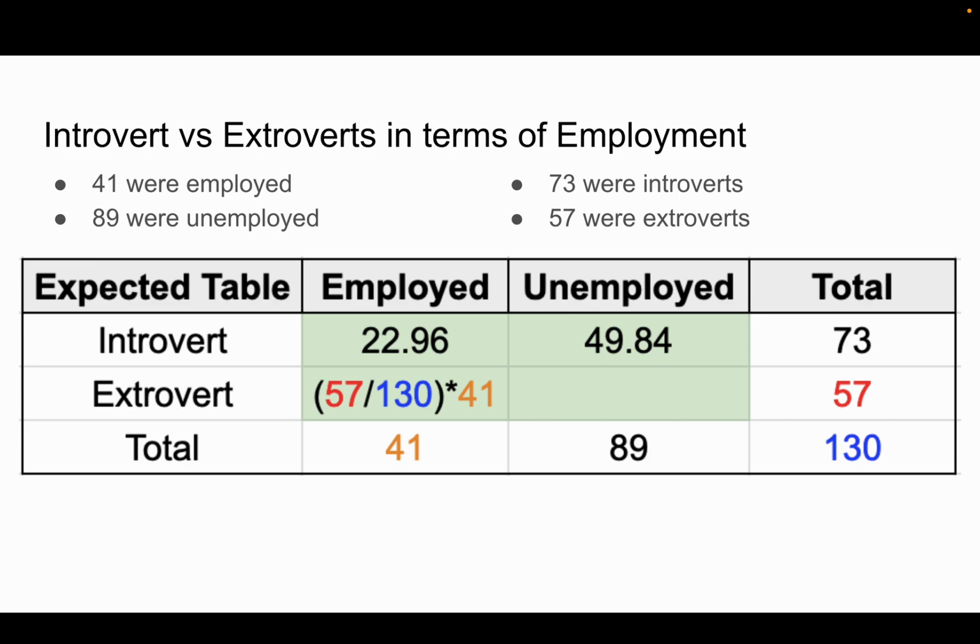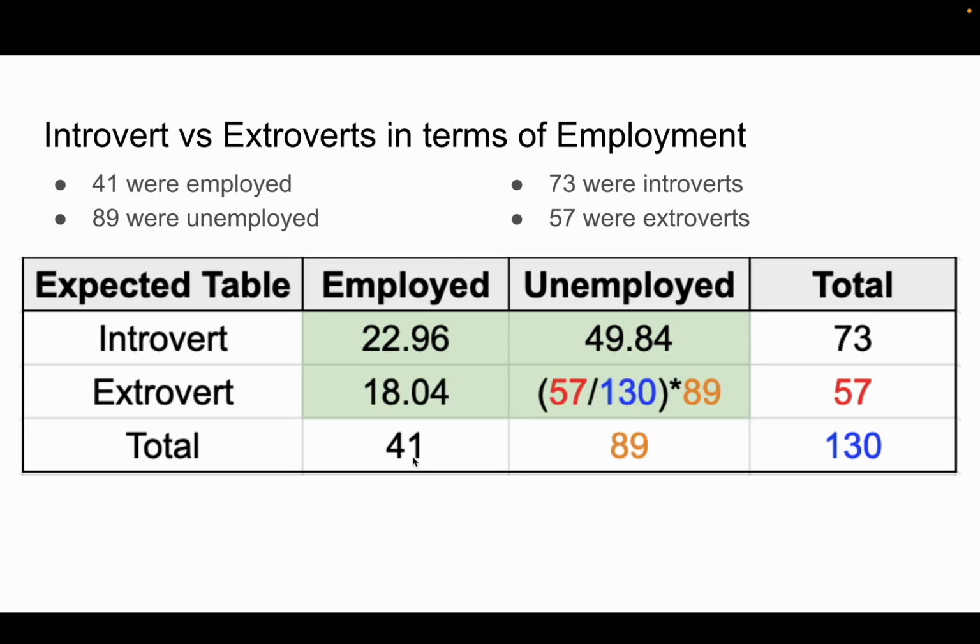And I can do the same thing for extroverts. So if I'm finding this cell, I'm going to go over to this total, take this 57 divided by 130, the total sample size, and multiply it by the total in this column, which is 41. That gives us 18.04.